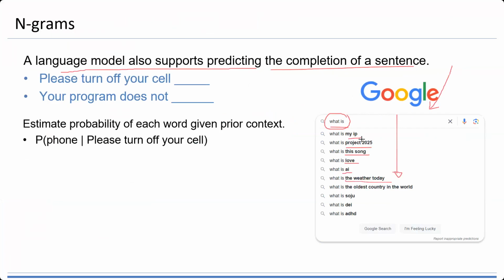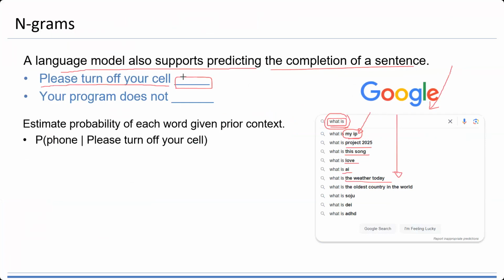So how can Google understand this one? This is based on the frequency. This is based on the probability. What is the most possible sentence that you will create? What is the most possible word after what is? So for example, if I have please turn off your cell phone.